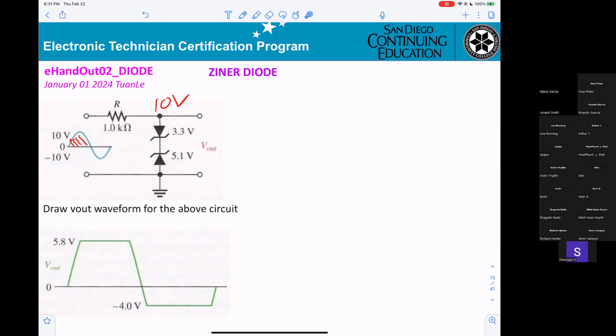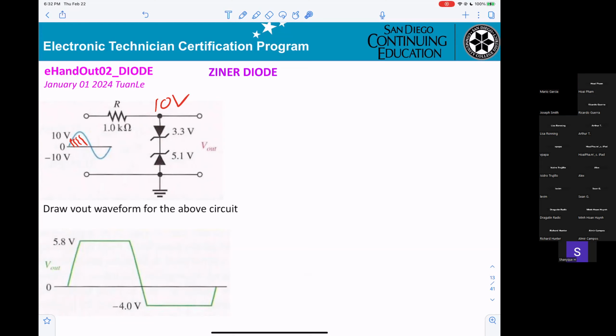When they break down, that means you get right here 5.1 volt. And this Zener here will be on normal, you adding 0.7. That's why they gave you 5.8 volt.